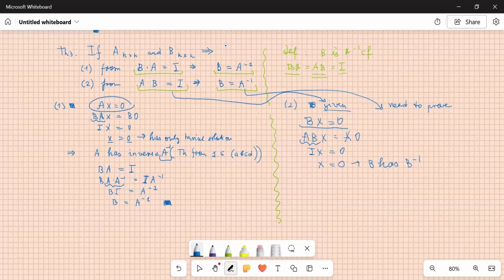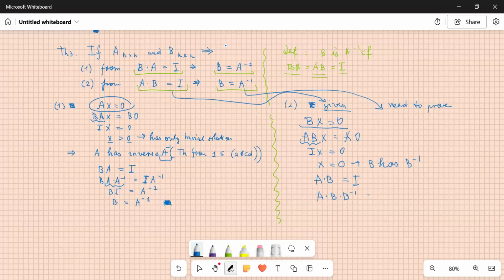I'm not going to multiply this statement by B inverse here, though I can do that. Let's finish it this way and then give a little bit more explanation. So I'm going to use the given part that A multiplied by B equals identity, and I'm going to multiply it by B inverse on both sides.